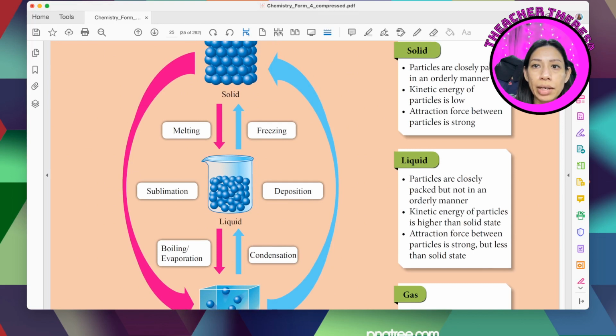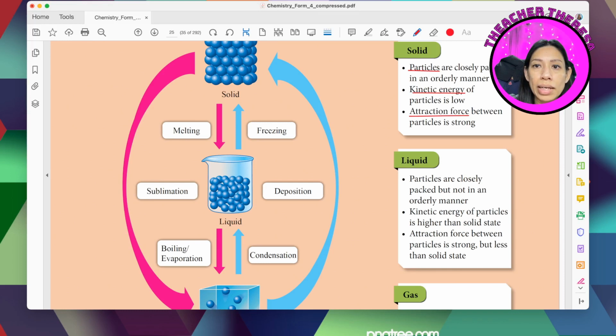So the point here to remember is about the kinetic energy, all right, and the attraction of force. All right, so you must be very clear on terms to use. Particles. The solid particles are closely packed. So when the solid particles absorb enough energy, the kinetic energy of the particle increases.